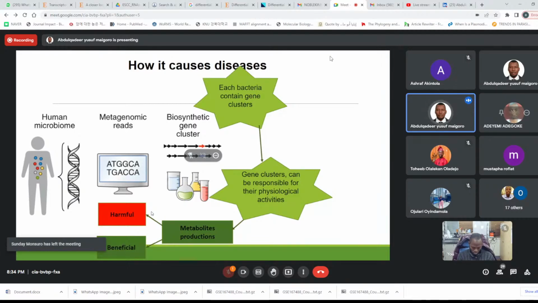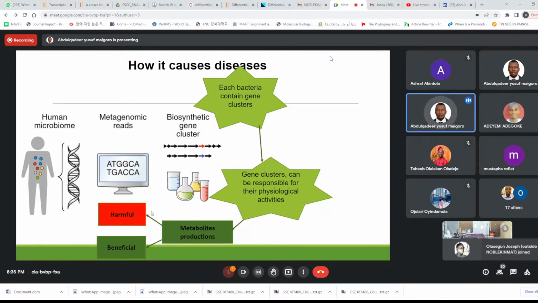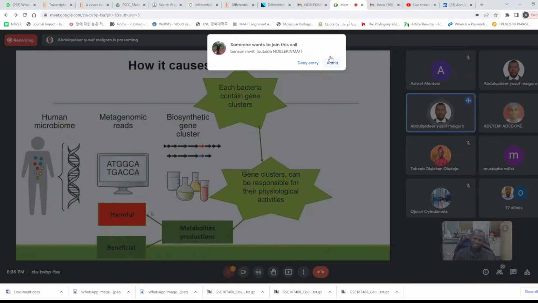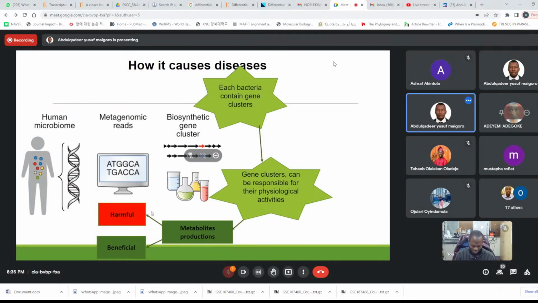For example, by the time he enters the room, he just lights a cigarette. He started one, two, he finished one pack. The whole environment will be polluted. And some of you have no option than to leave. So this is exactly what's happening in this environment.